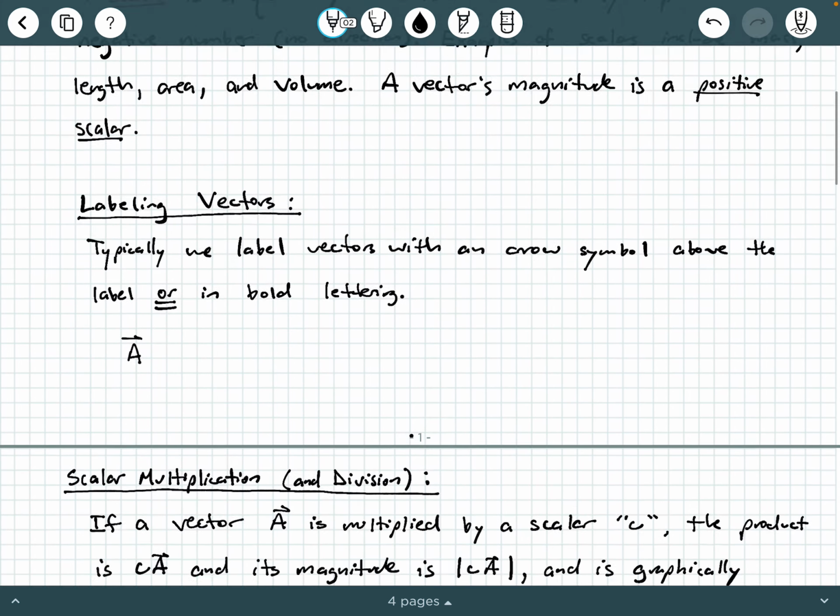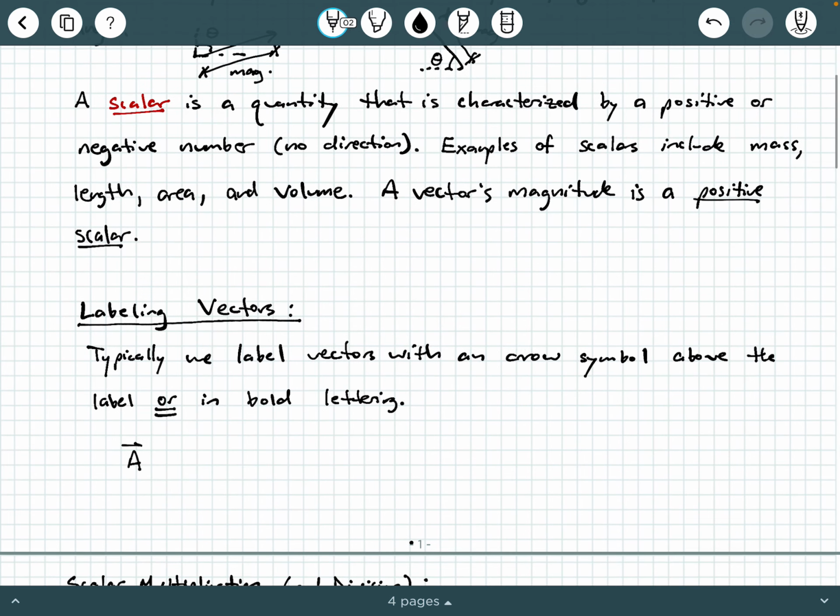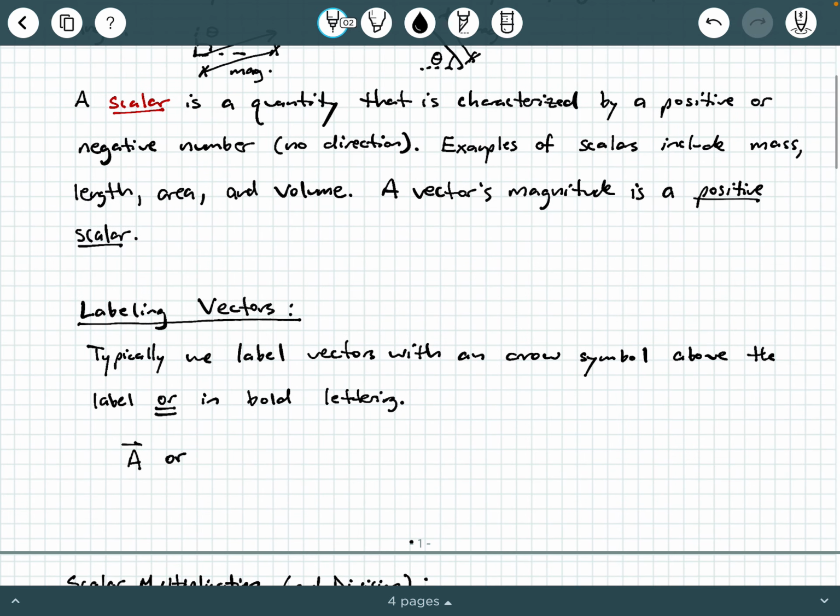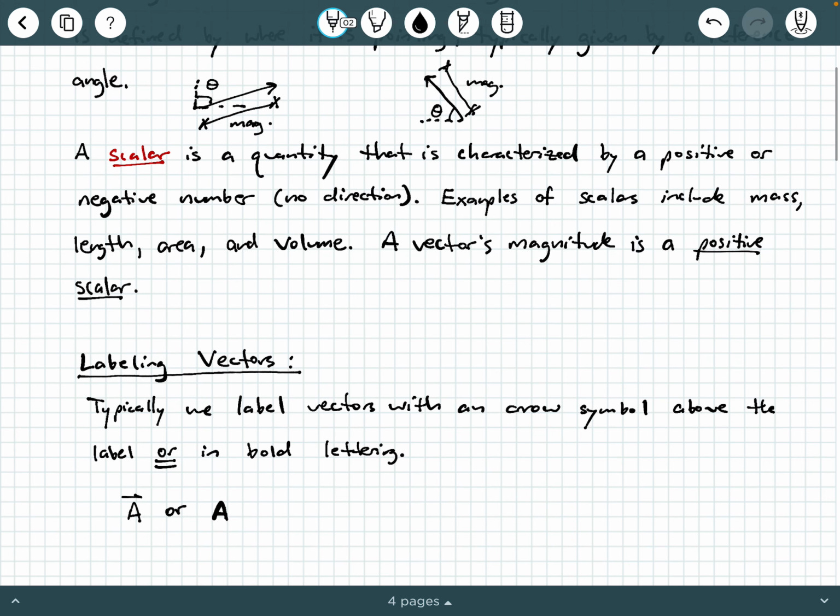Or we label it as a bold letter A, okay? So if you see a letter with a little arrowhead above it, that means vector A. Or if you see a bold letter A, for example, that's also vector A. They mean the same thing, okay?